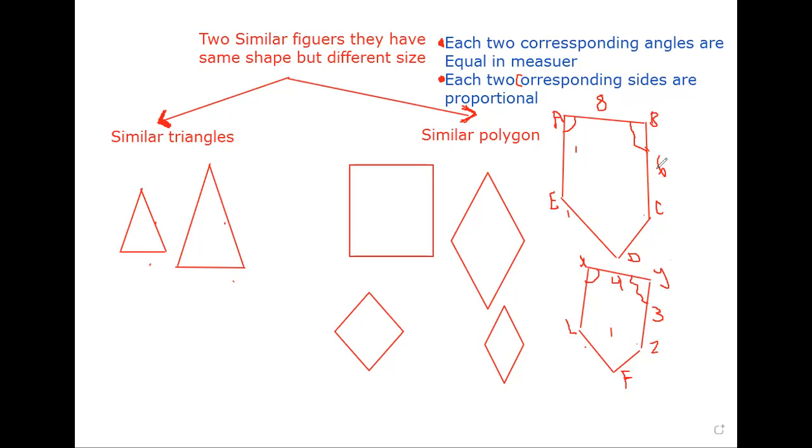Then they are proportional because we have the same ratio. And I said for the polygon, we have to verify the two conditions. But in a triangle, we want only one condition to verify that the two triangles are similar.